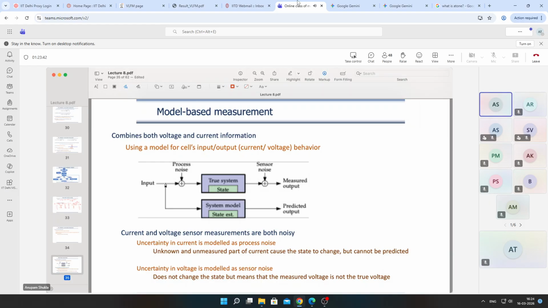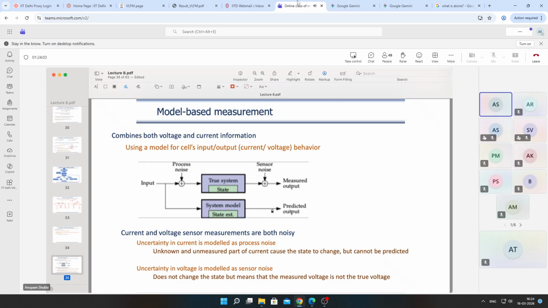Now my model for the system uses the measured current value to calculate the state of charge of the system, and based on that state of charge and the temperature of the system, it also calculates the expected terminal voltage.